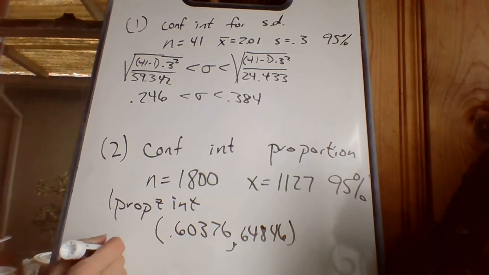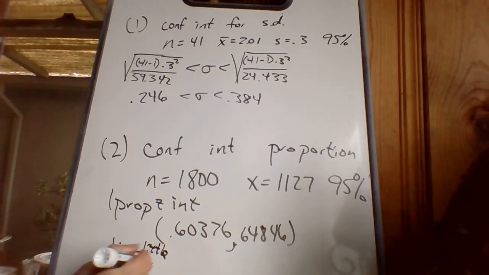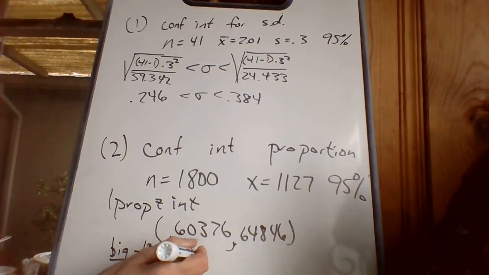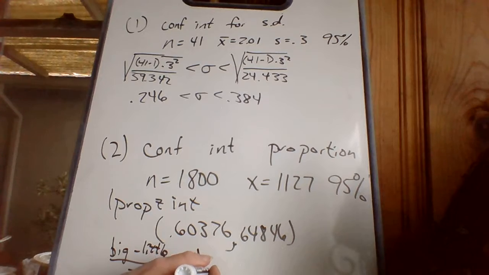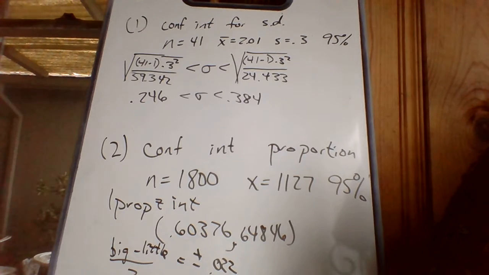And then I also have to do my big minus little, divide by 2. So my error is plus and minus 0.0223. Okay, so I'm just going to call it 0.022, 2.2%. All right. So now we've done 2 problems out of the Chapter 8 review, and we haven't done a Chapter 8 at all.